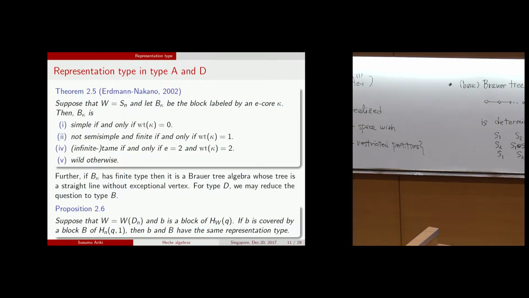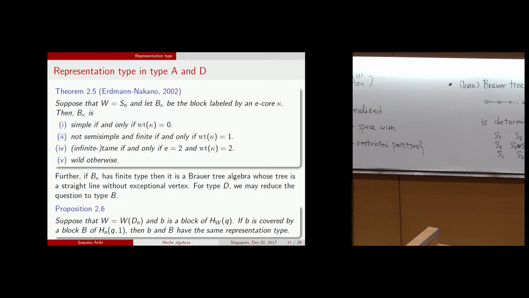So the representation type in type A was already known years ago. It was a result by Erdmann and Nakano in 2002. Suppose that W is the symmetric group and B_kappa is the block labeled by kappa.